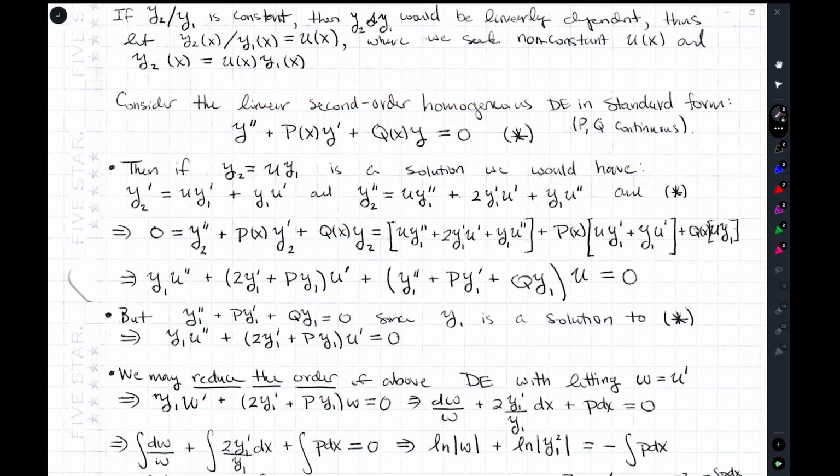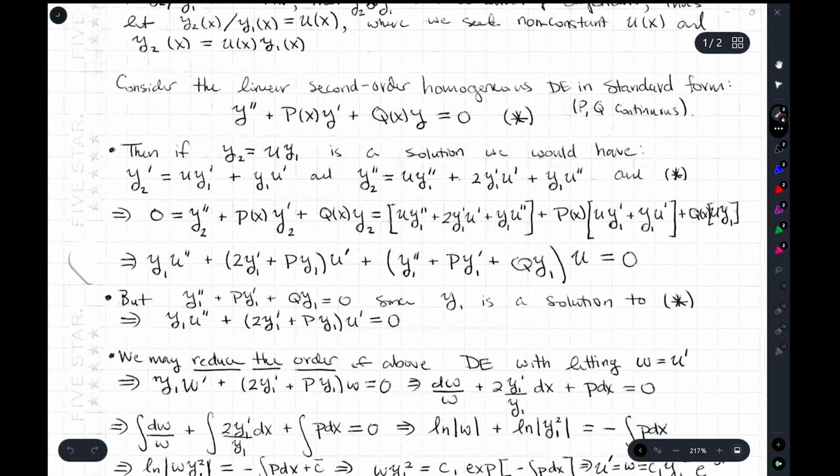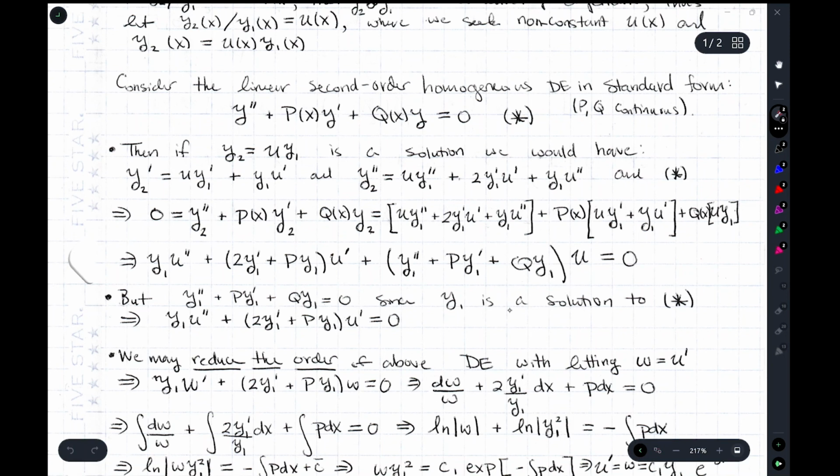That's our assumption. We start with a solution and we are looking for a linearly independent solution from that one. So using the fact that y1 is a solution, this is 0 and this whole factor is 0, and so we're left with that differential equation.